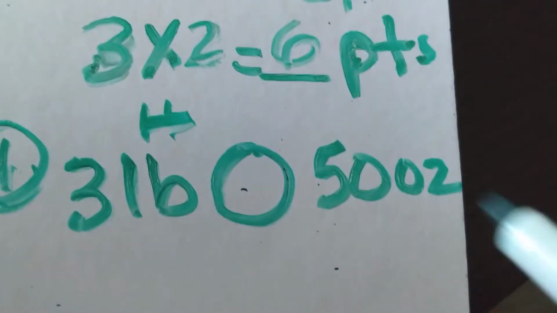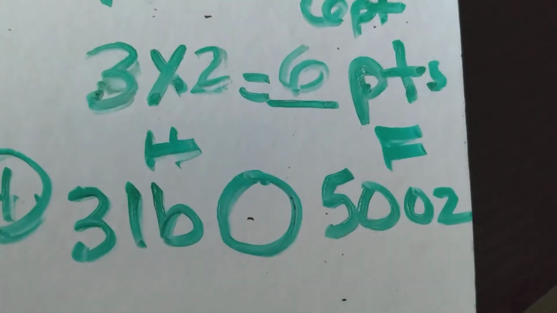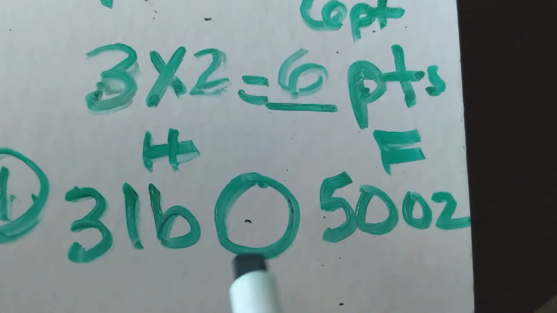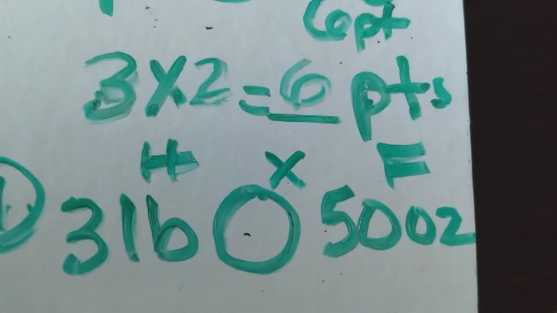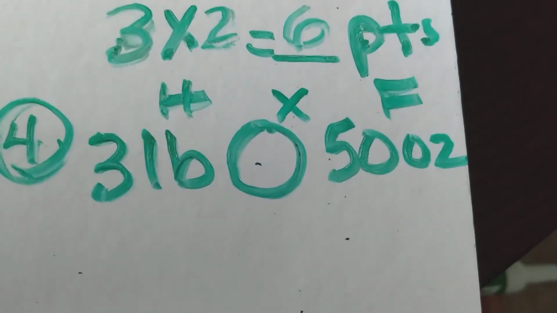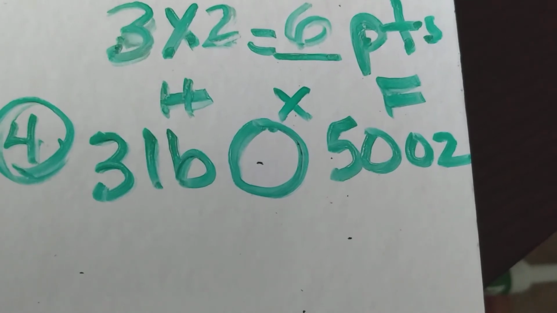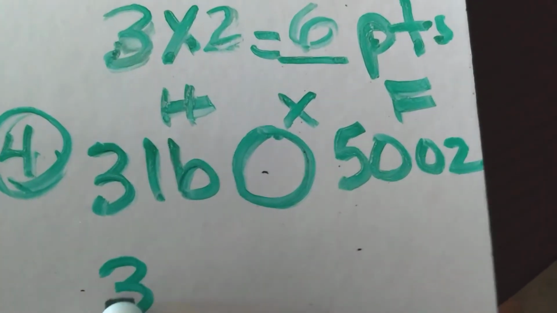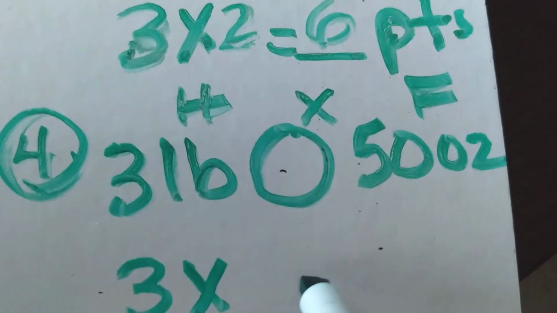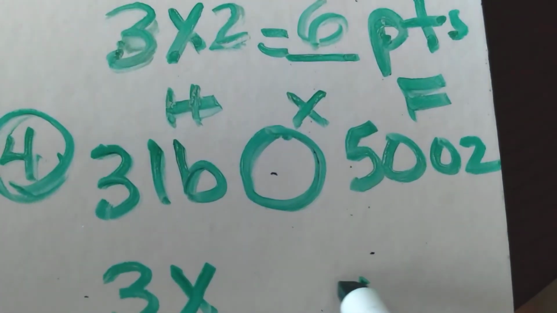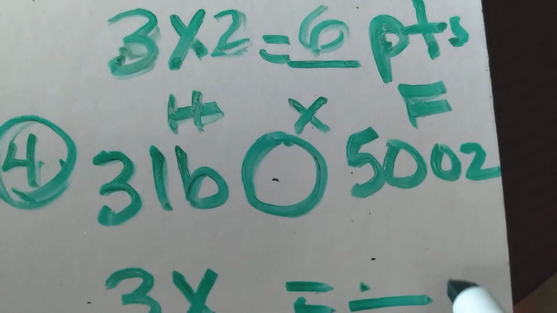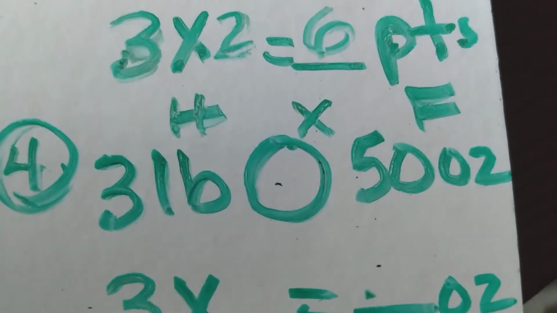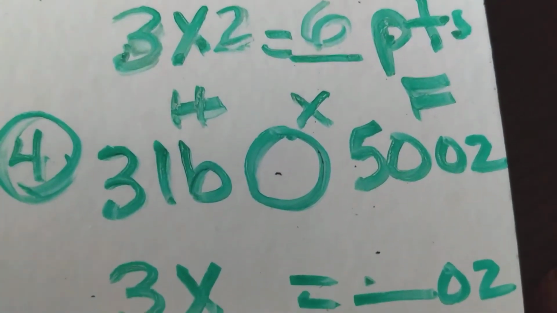Pounds is horse, ounces will be my fly, that's a smaller unit, horse to fly, multiply. So I need to multiply 3 times some number, and it's going to give me how many ounces?